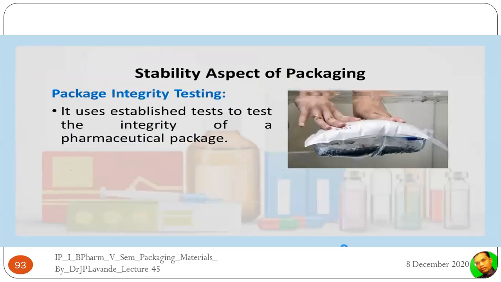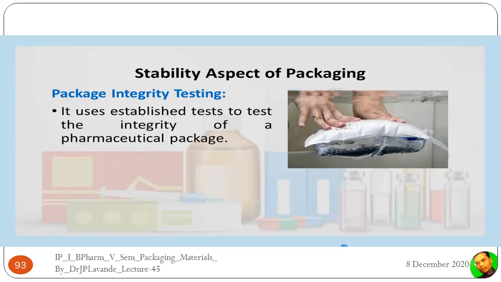Package integrity testing is particularly used to determine leakage. Say the package is dipped into water, and if there is any kind of opening, that leads to very clear and easy inspection of such leakages. That is package integrity testing.